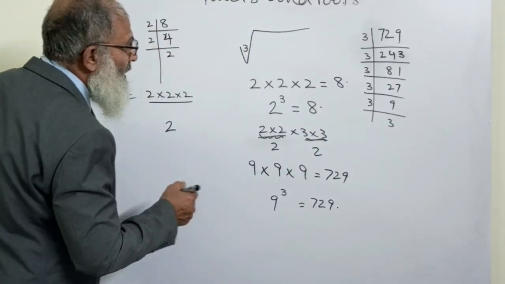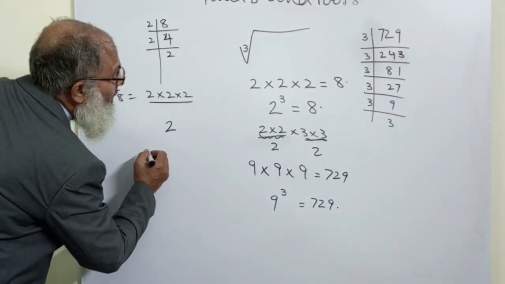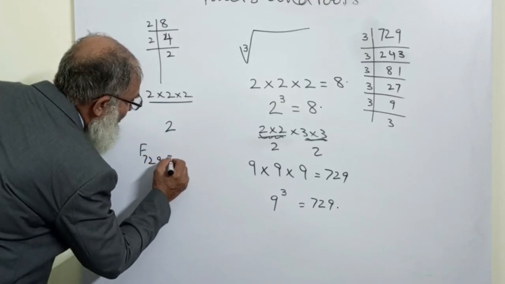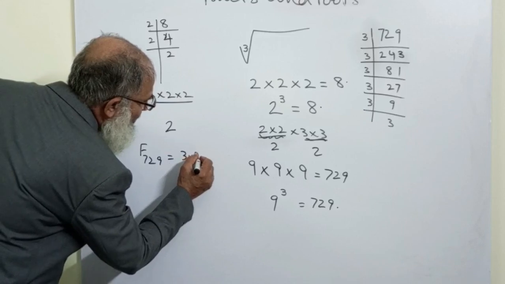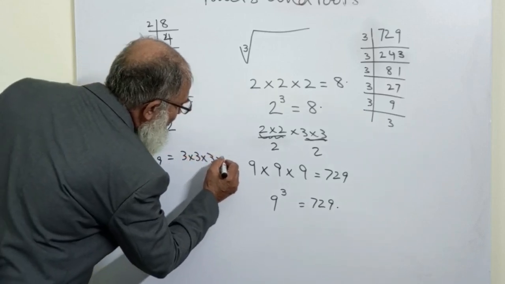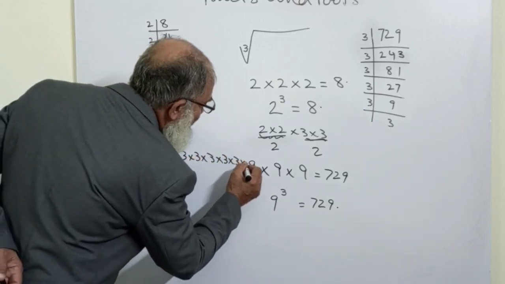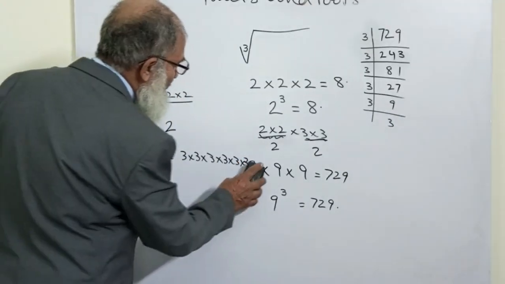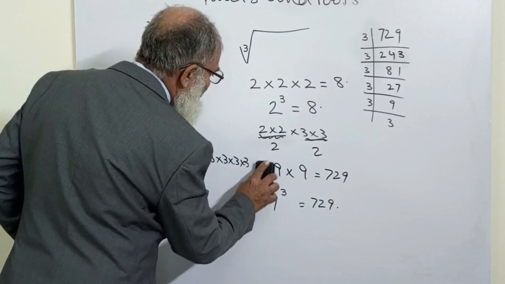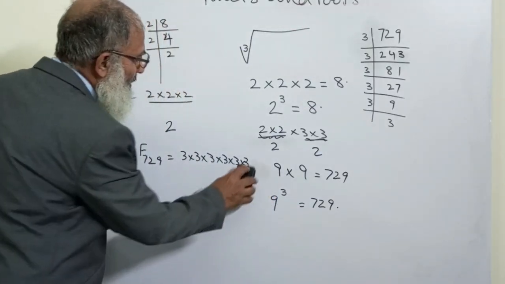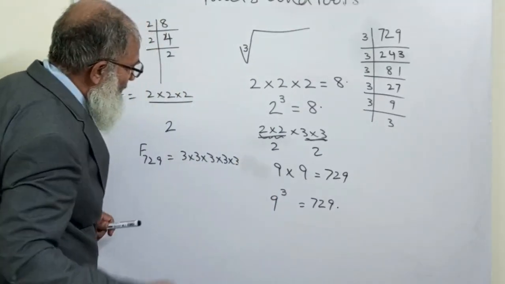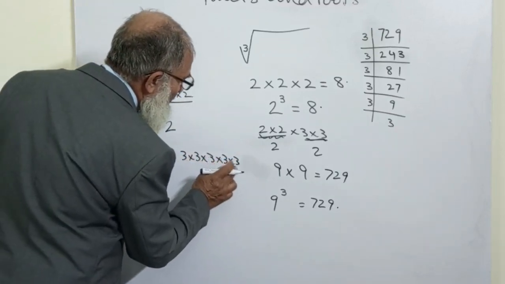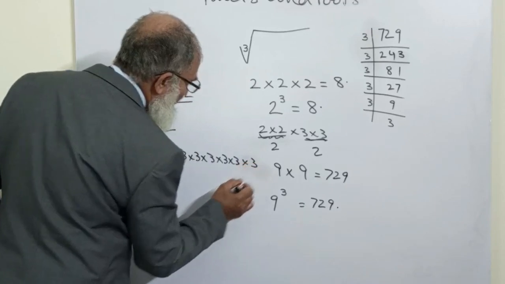So what I do is here I write 729 is equal to 3 times 3 times 3 times 3 times 3 times 3.